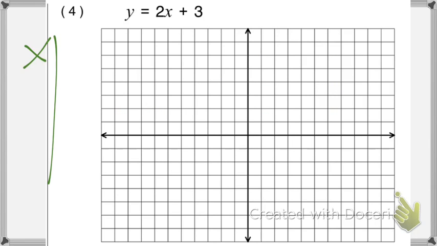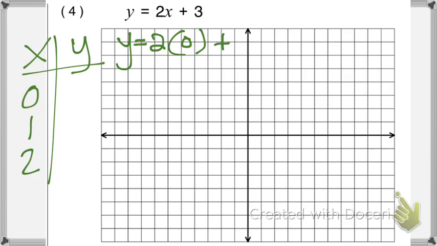All right, x, y. How about 0, 1, 2? If I plug in, so y equals 2 times x plus 3. 2 times 0 is 0, plus 3 is 3. Next, 1. 2 times 1 is 2, plus 3 is 5. And a 2. 2 times 2 is 4, plus 3 is 7.